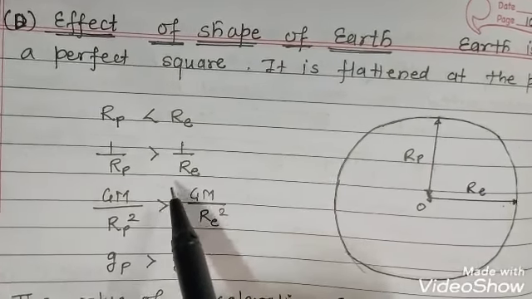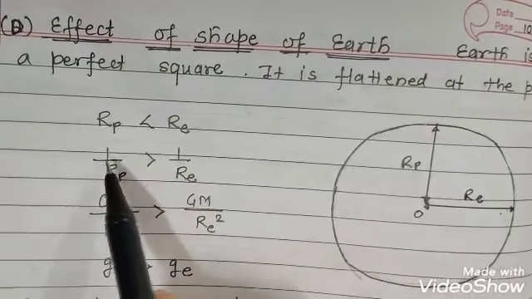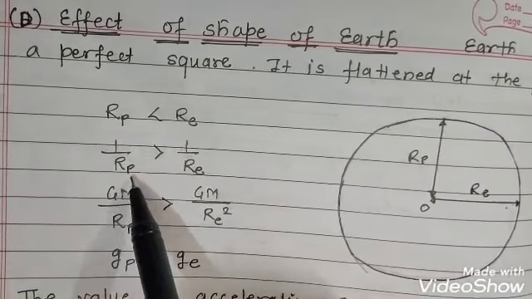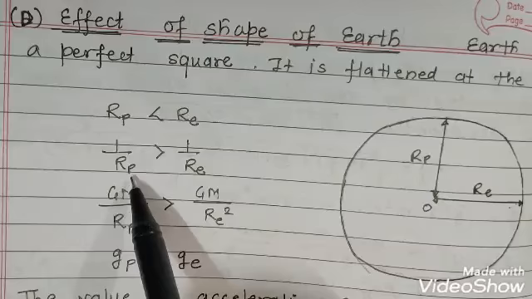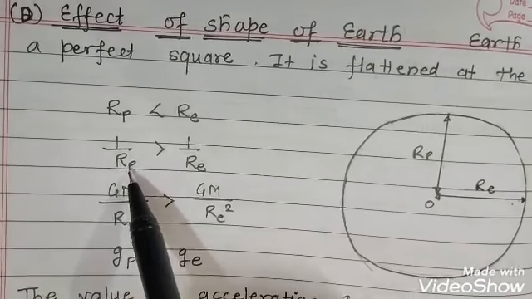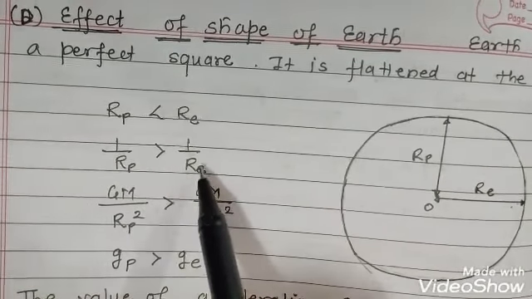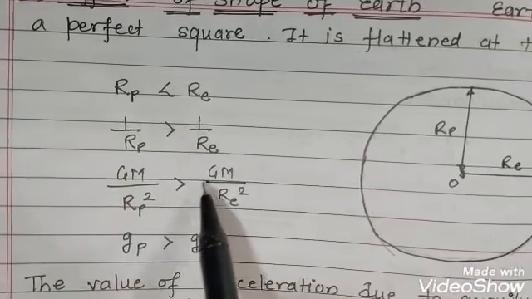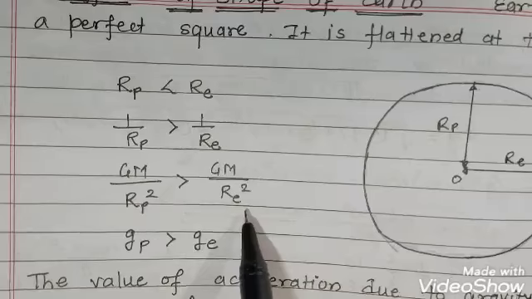Now if you multiply here with GM, GM upon Rp, or you can take first squaring it. So when you take the squaring of this, 1 upon Rp square will be more than 1 upon Re square. So GM upon Rp square will be more than GM upon Re square.